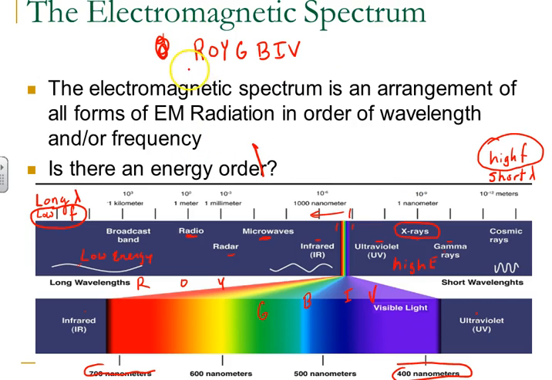This being the low energy end, this being the higher energy end, this being the high frequency, low wavelength, and this end being the opposite of that, low frequency, higher wavelength, and low energy.